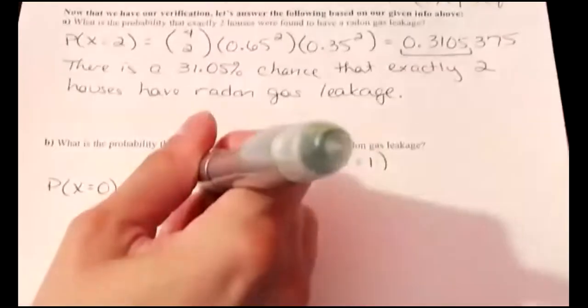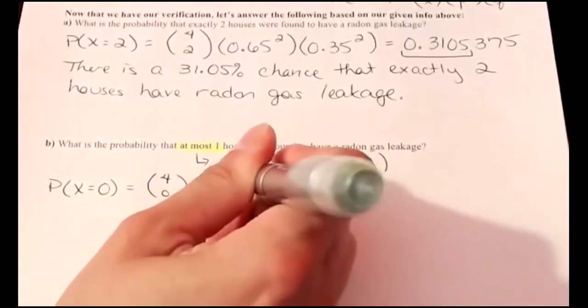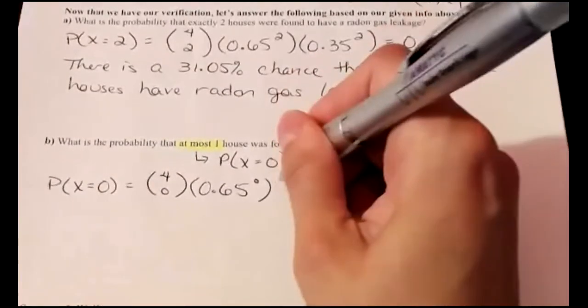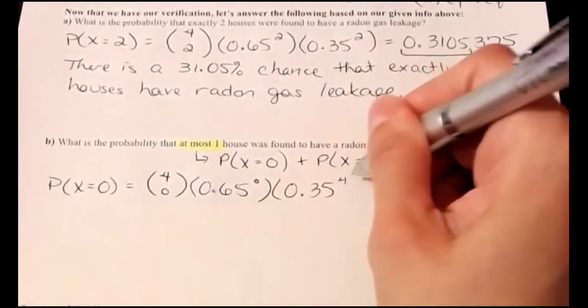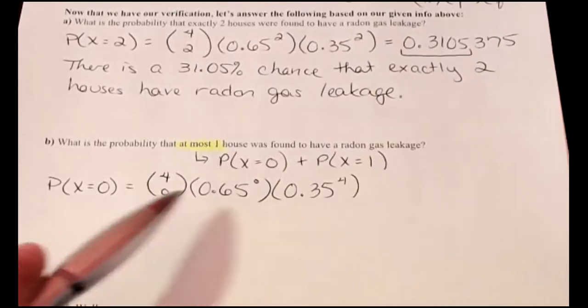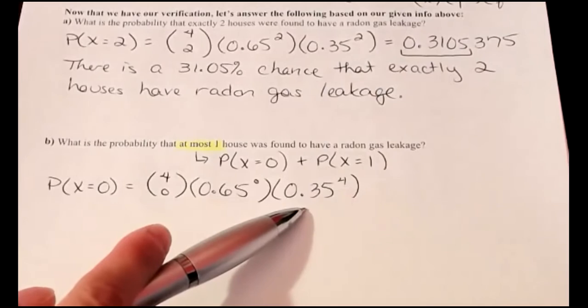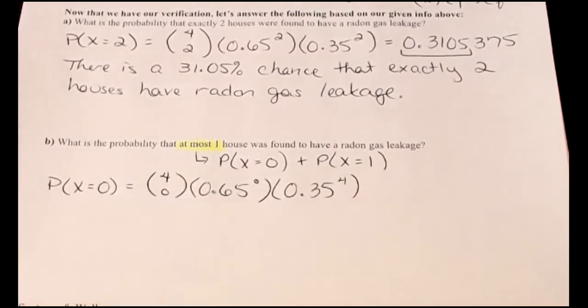We know the probability of success is 0.65, but we're saying that 0 of them will have the leakage. The probability that there is no leakage is 0.35, which means the rest should not, right? So out of the 4, we choose 0 to have gas leakage. That means the other ones do not.